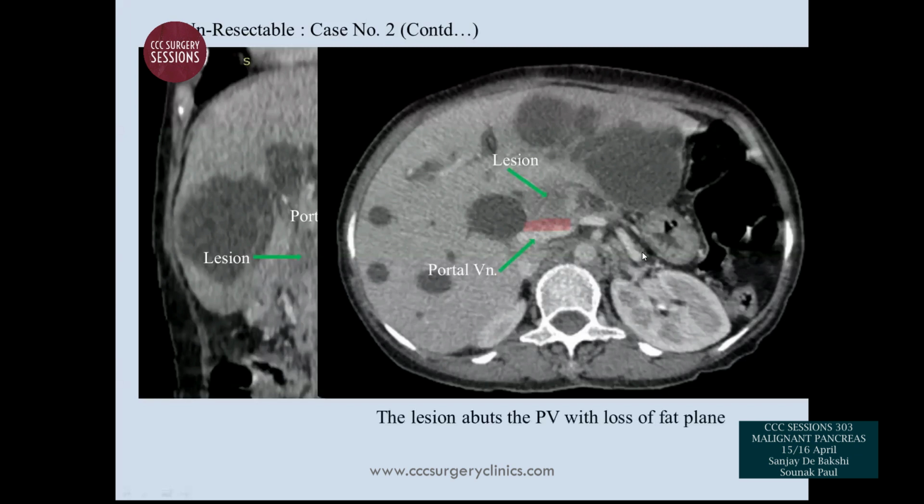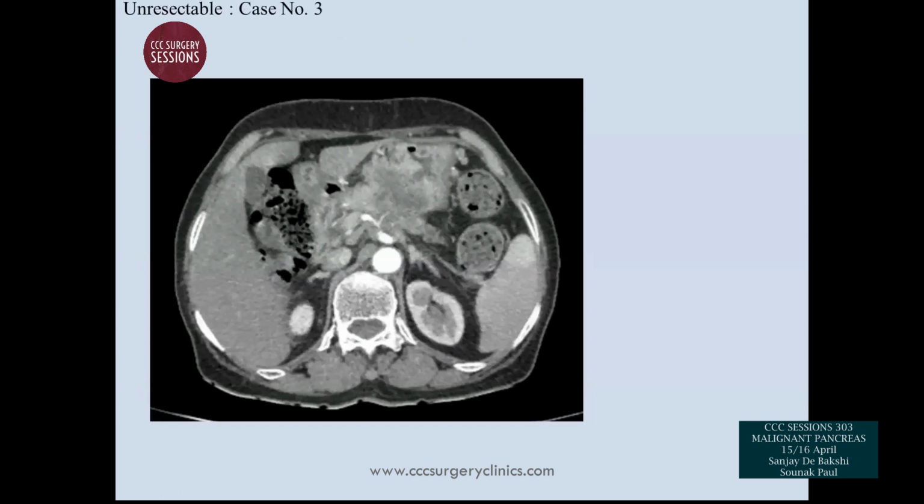Coming to the next case, this is a body and tail mass encasing the celiac artery and the proximal common hepatic artery.